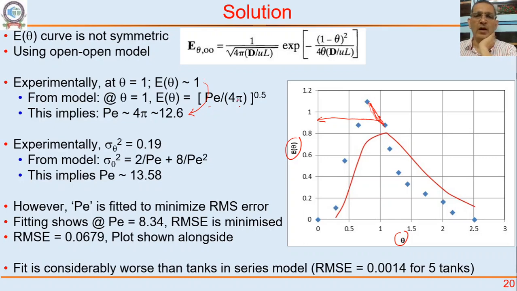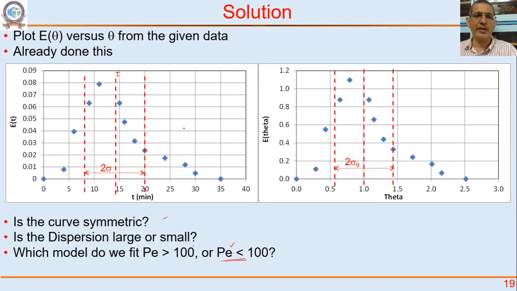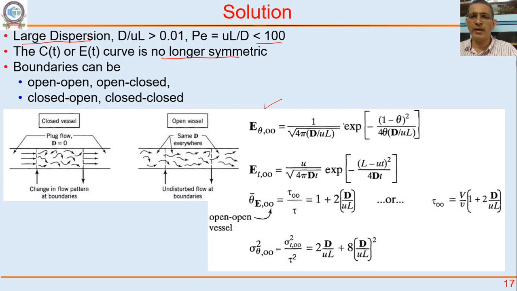Or I mean, we don't have to take this one. This is actually maybe 0.9. Then correspondingly the Peclet number will change. In any case, Peclet number is less than 100. So our assumption that because it is not symmetric, we should be using this model, that's correct.